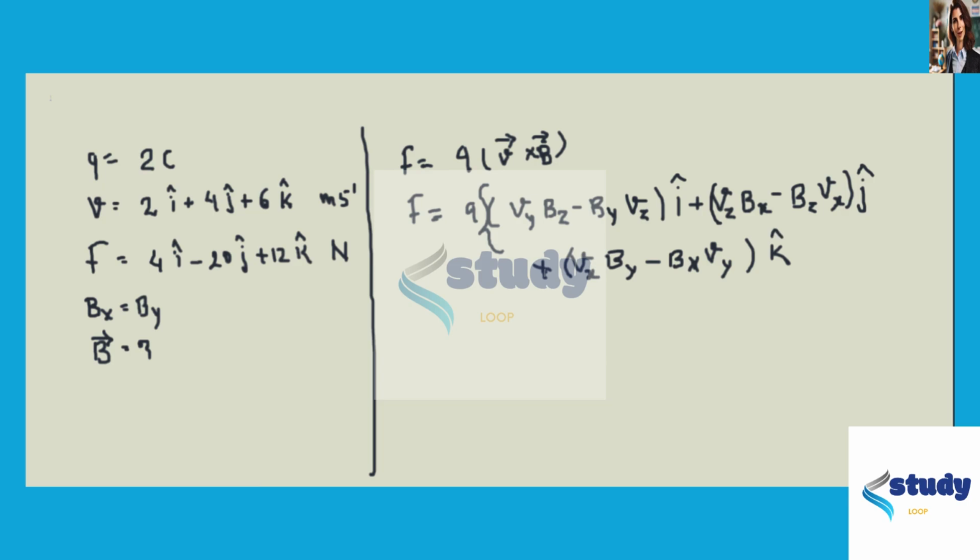So what we should do next is compare the components of i, j and k on both LHS and RHS. On the LHS we have force, on the RHS we have Q and the product of V and B. So if you compare the i component, then we get 4 is equal to 8 times Bz minus 12 times By.